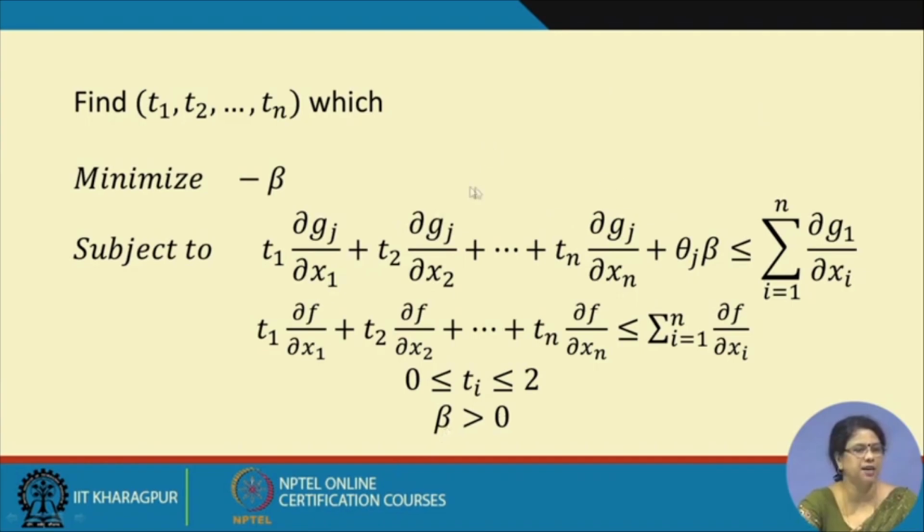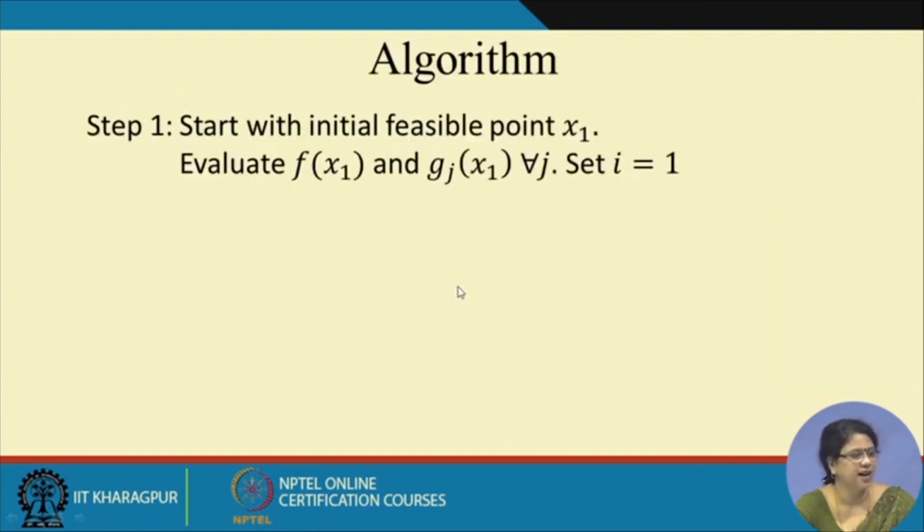How it is being expanded, you will get it if you just take the first order derivative of the constraint with respect to the decision variable, because we have that factor with us. I will tell you more about the Zoutendijk feasible direction method with an example. I will show you how it is being expanded in this manner in the next class, but before that I will tell you the algorithm once.